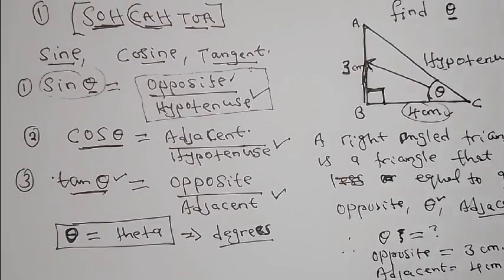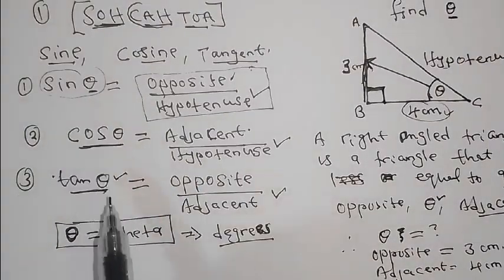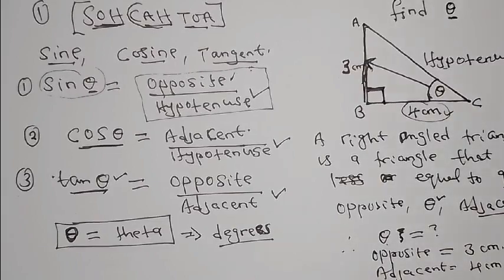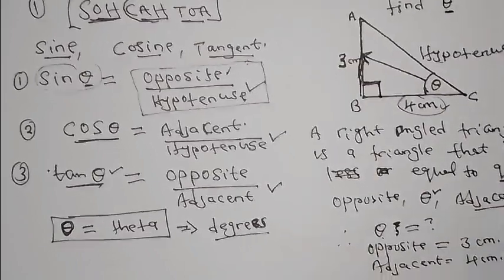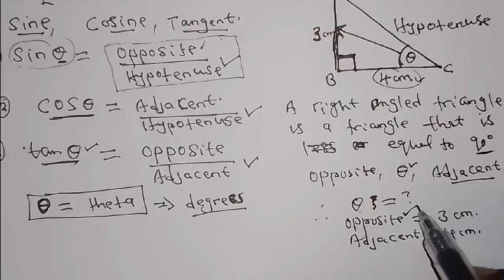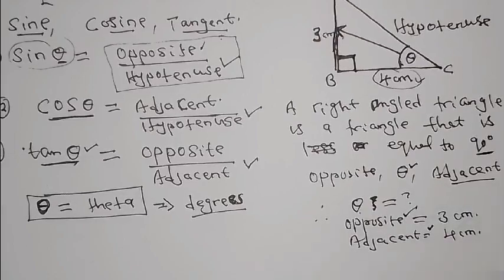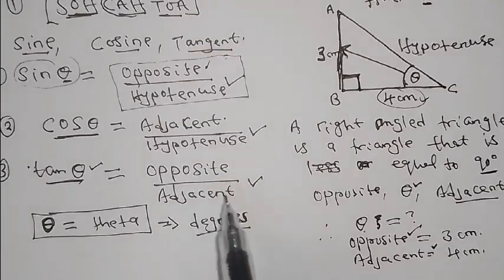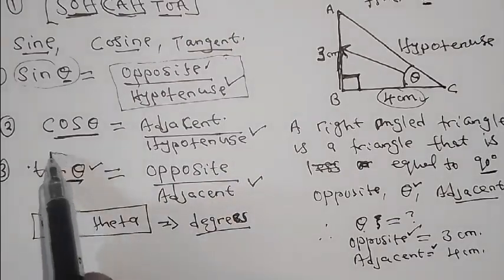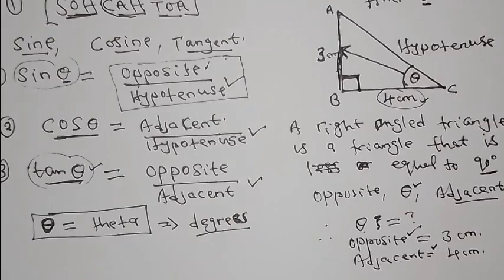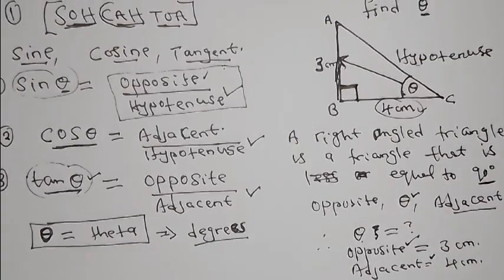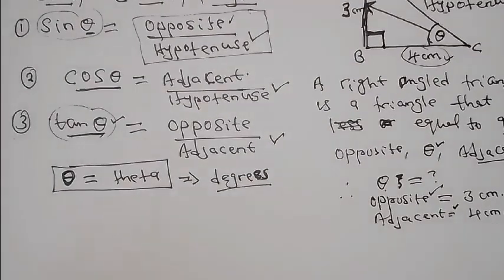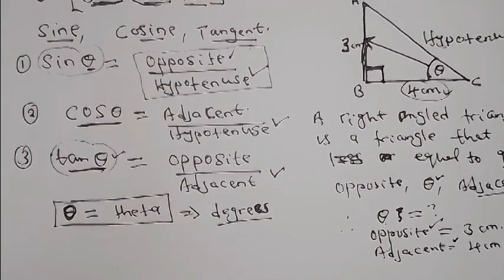When you go back, we have sine, cos, and tan. Since we are looking for theta, which should be an angle, look for something that has the opposite and the adjacent. You discover that opposite over adjacent is tan. So it is not that you use everything there.